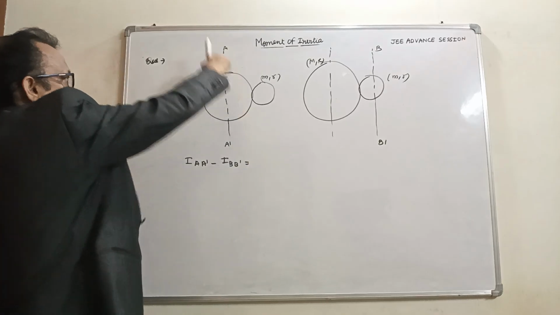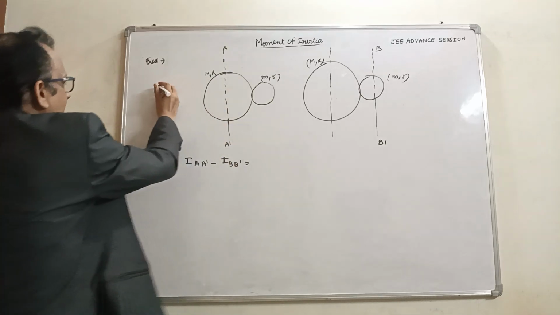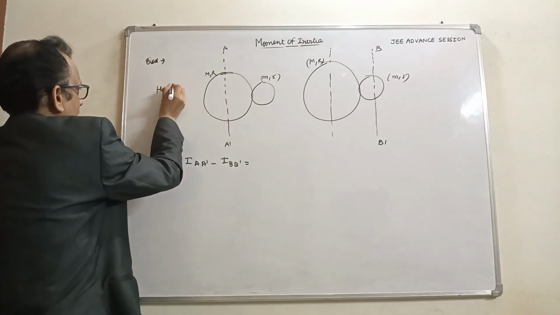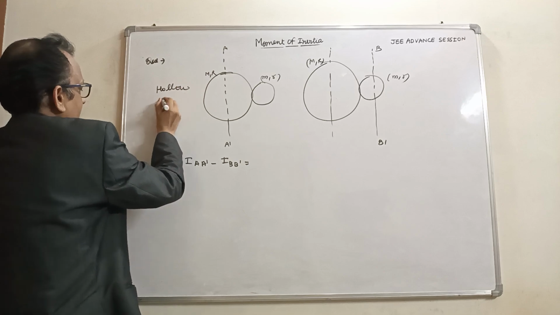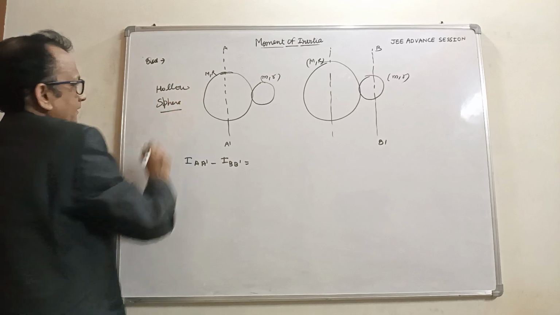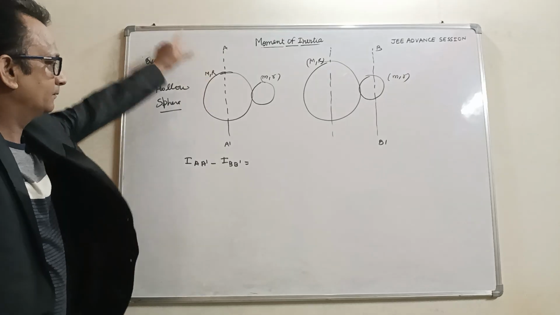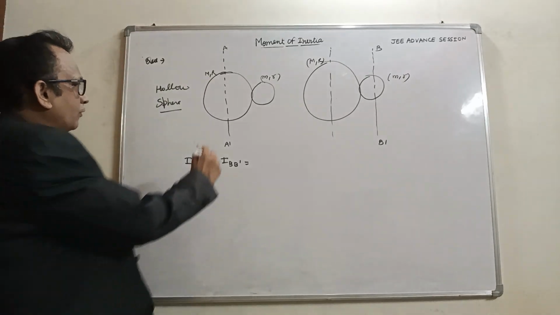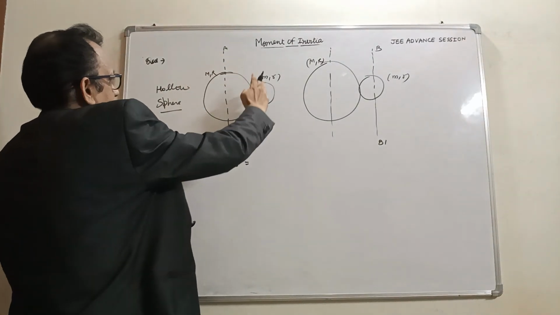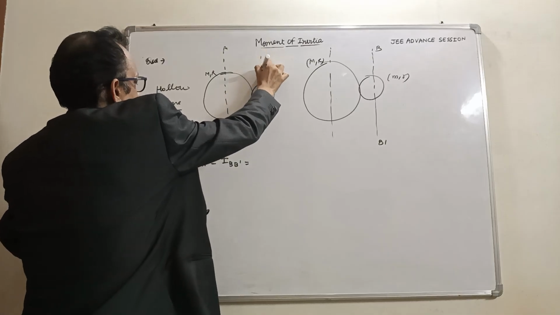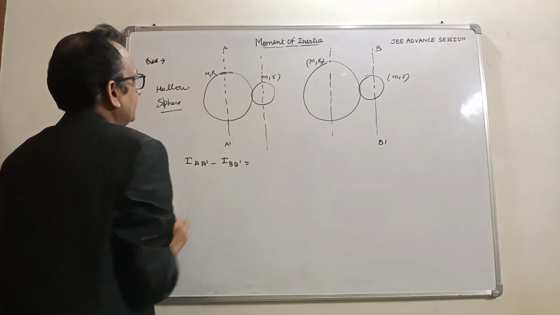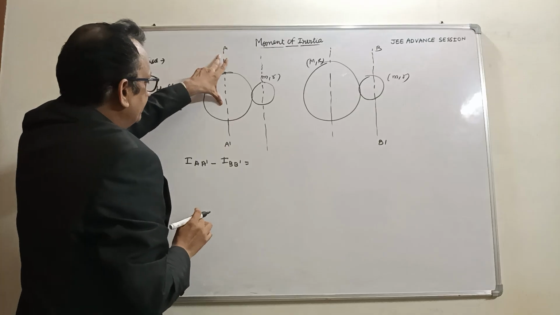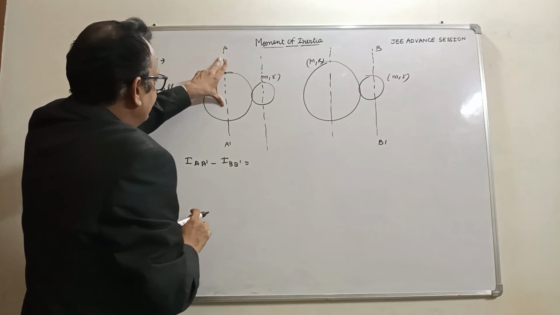So the moment of inertia about this axis is for a hollow sphere. We know the moment of inertia for a hollow sphere about this axis; this is also a vertical axis here. We have to find the moment of inertia about this axis.